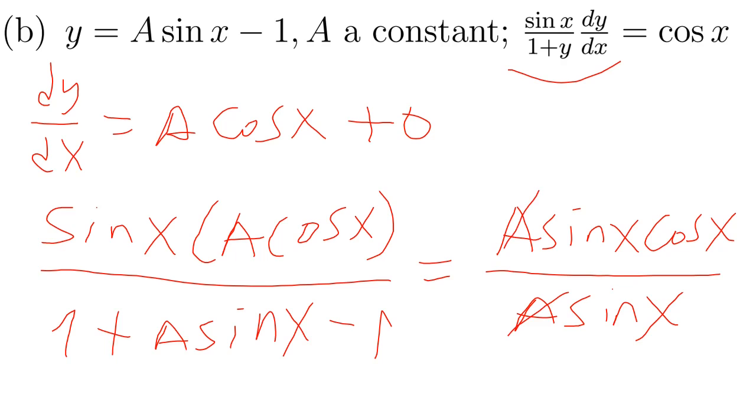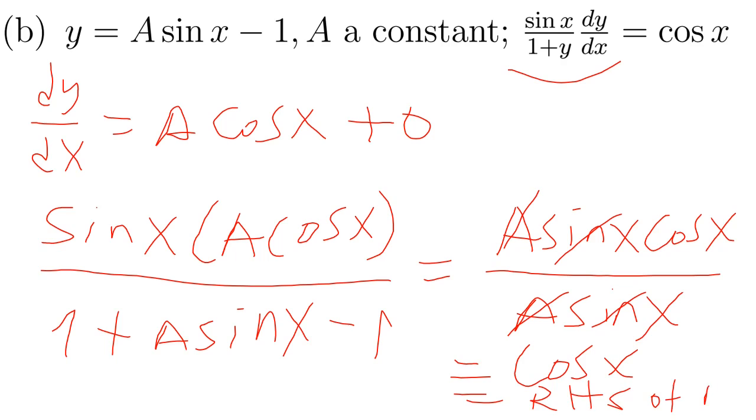So a is going to be taken out, sin x is going to be taken out, and you are going to be left with cos x, which is equal to the right hand side of our differential equation. Hence, the function y solves this differential equation.